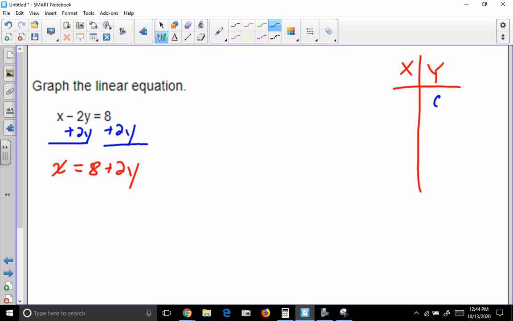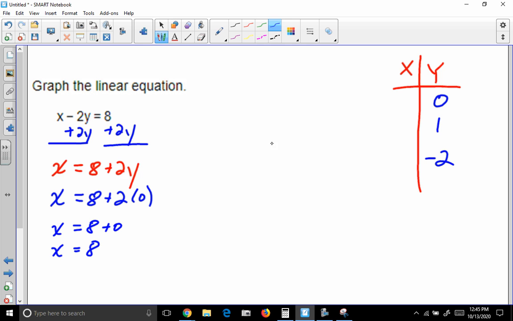So let's just pick 0, 1, and then maybe negative 2. So if we replace y with a 0, x would be 8. 2 times 0 is 0. So x would be 8.